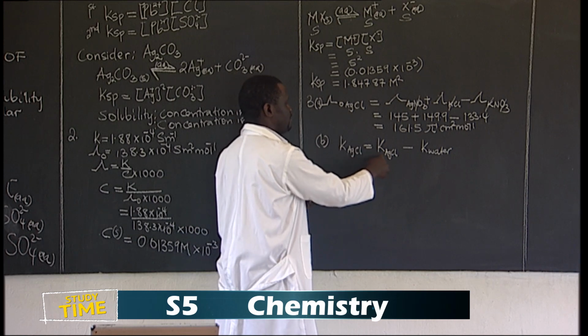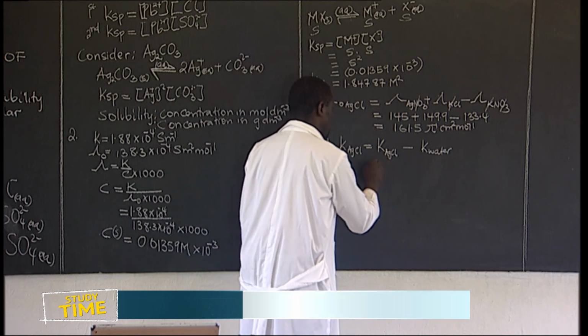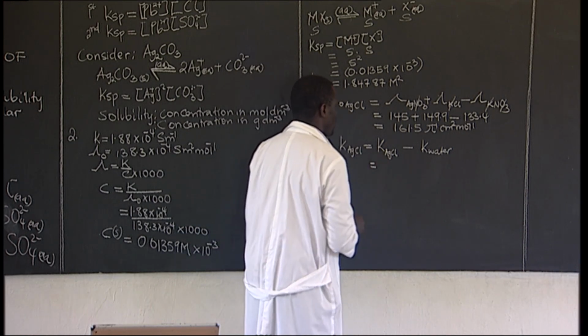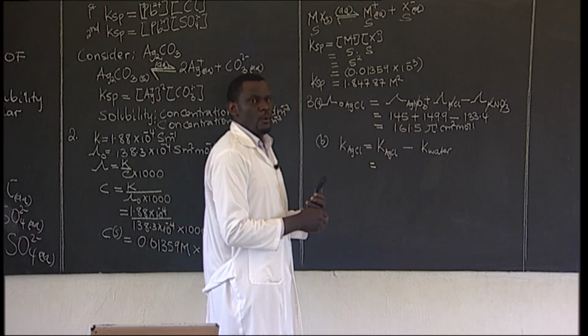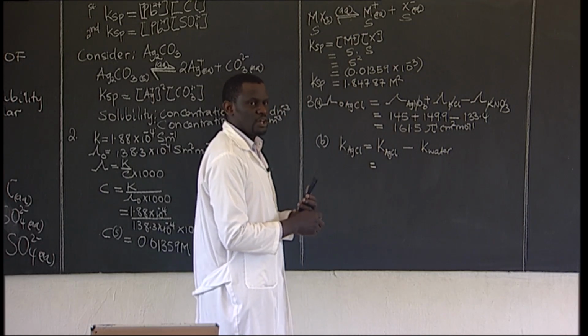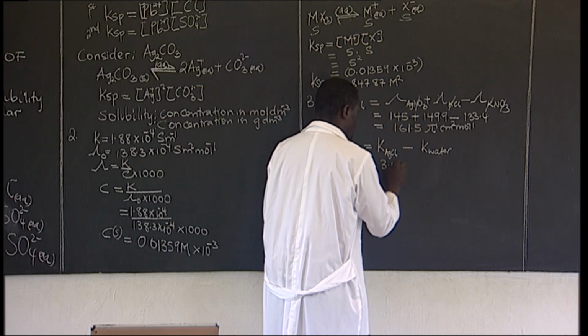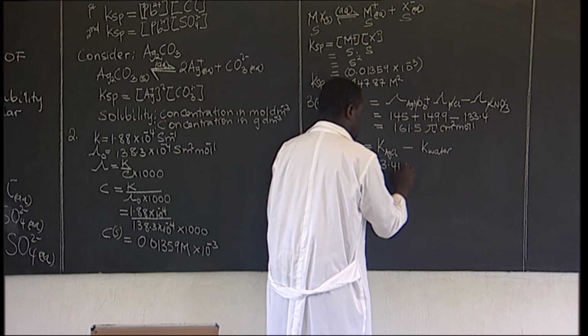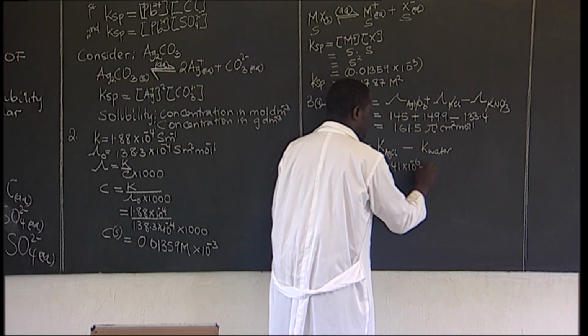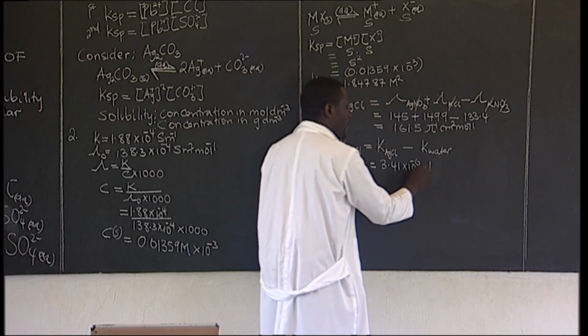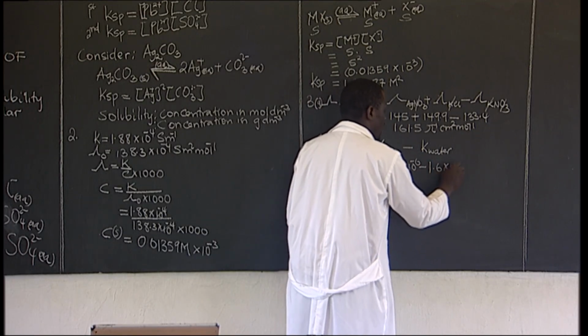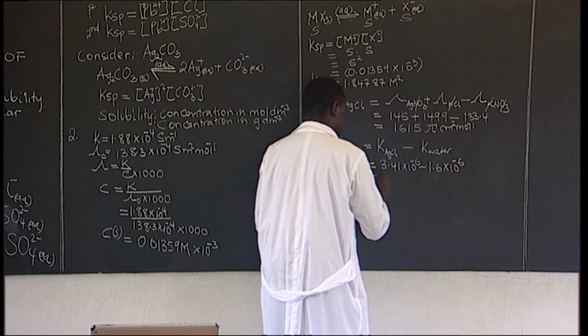But we get it by subtracting when we have a saturated solution, from the definition of solubility product. So we have 3.41 times 10 to the power negative 6 minus 1.6 times 10 to the power negative 6.